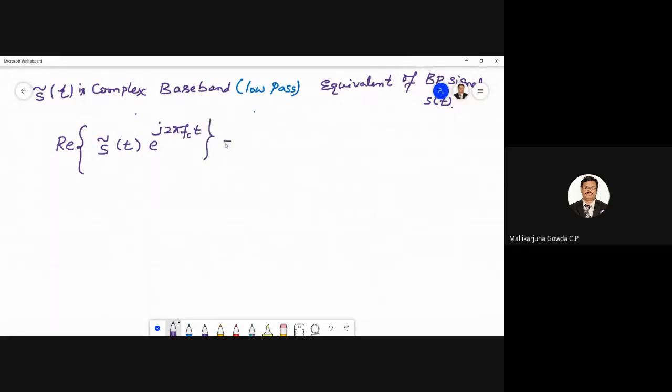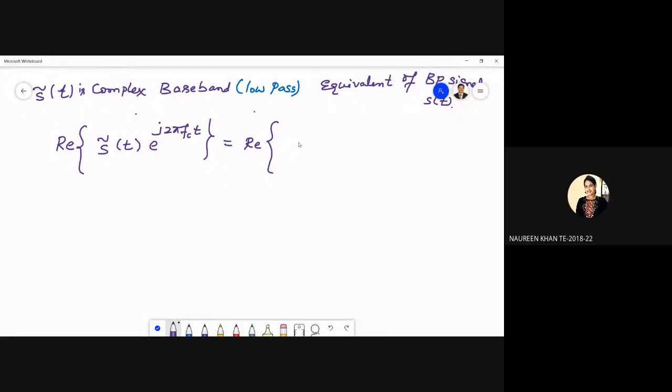I'm substituting the value of S tilde of t here. So real part of S tilde of t is what? Anyone of you can say what is S tilde of t? What can I write for S tilde of t?